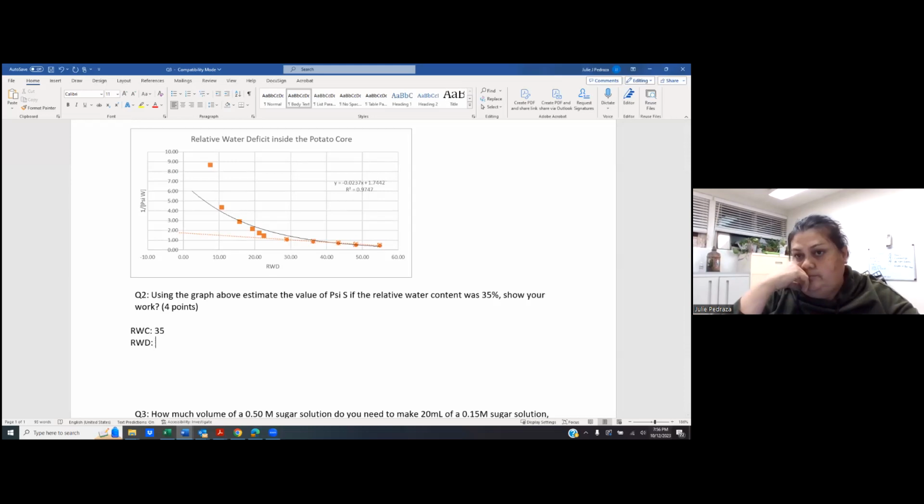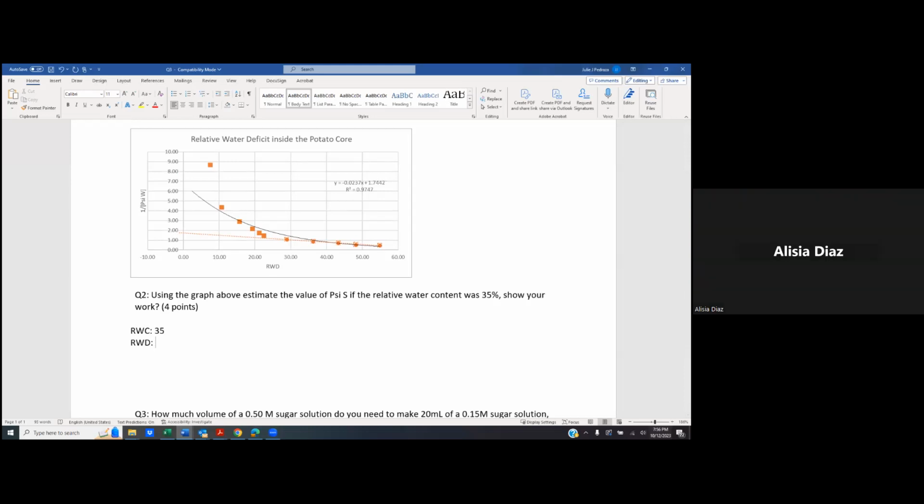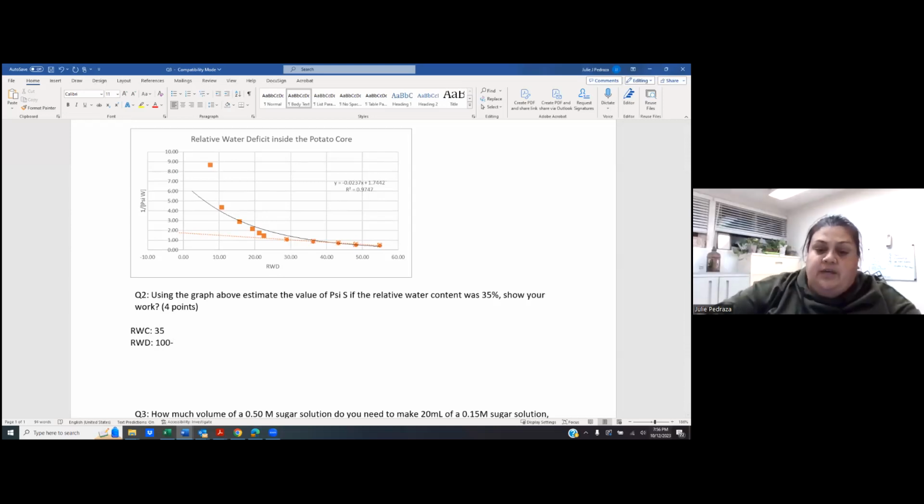Is that where we look at the graph? Not yet. It's 100 minus 35, and then you look at the graph. So that is 65. So 65 is over here.